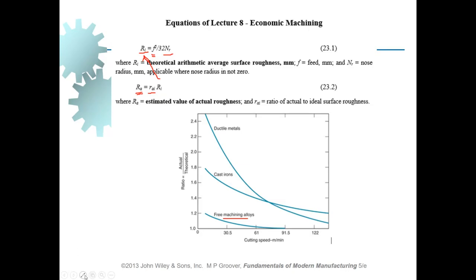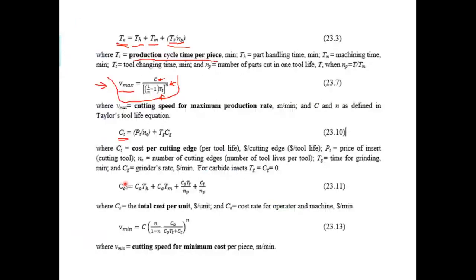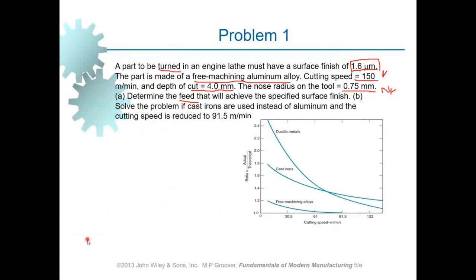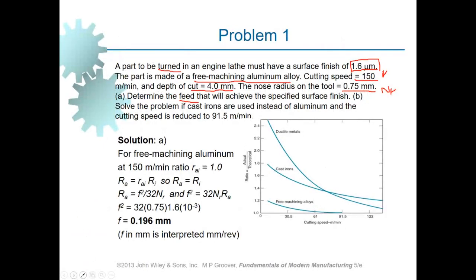And then we make use of the equation on the top in order to compute the value of F. Ri is equal to 1.6 and Nr is also given. So it will not be hard to substitute the values and then get the value of F computed.